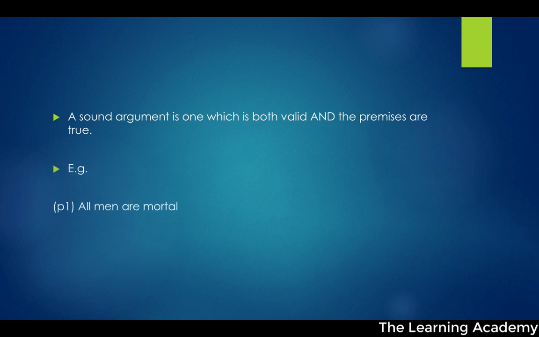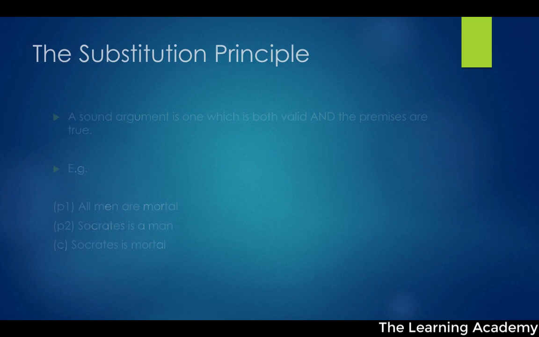So this would be a better example. Premise 1, all men are mortal. We know this to be true. We know that Socrates is a man, or if we want to be even more pedantic, we could say Socrates was a man. And then we can conclude that Socrates is mortal. This is a valid and a sound argument.